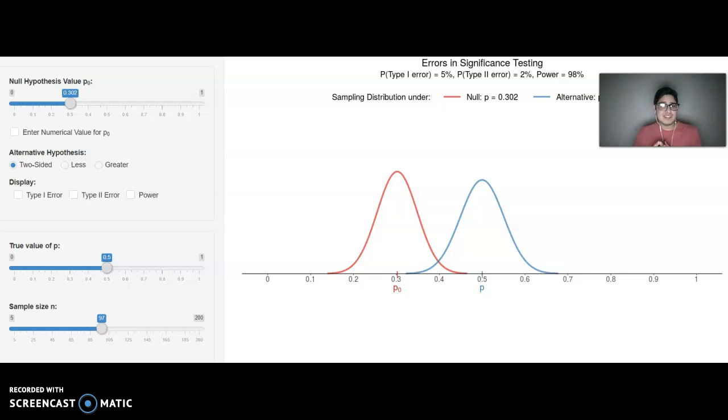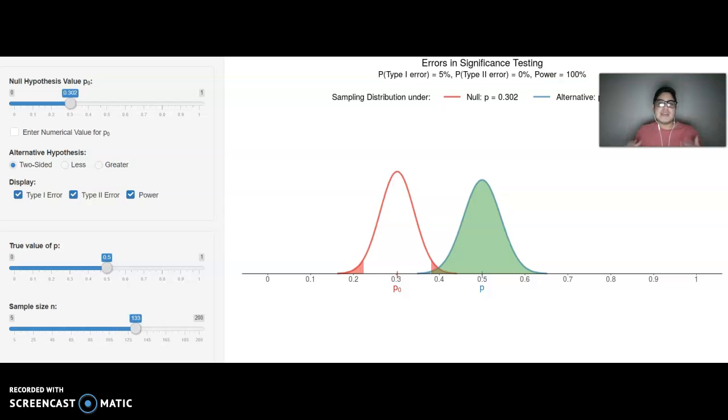Now, one of two reasons. And actually, am I able to show it on here? So you see this green portion here, that's the power of the test. And the blue portion is right here, because again, these are inversely proportional. So as I'm increasing that sample size, larger samples have less variability.